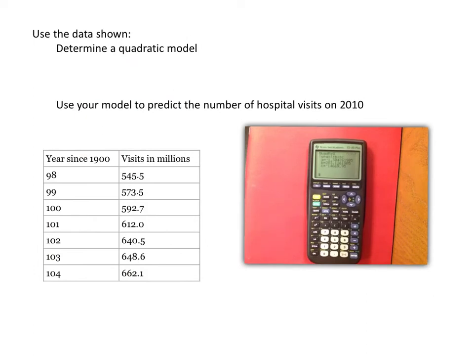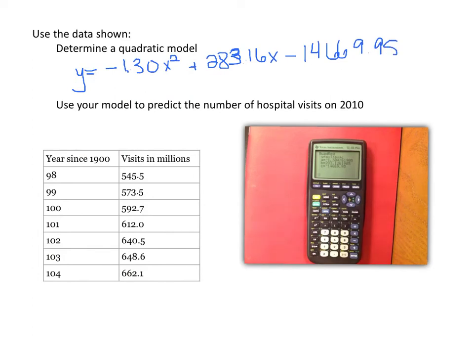And what it tells you is that A is negative 1.3, so we can say y equals negative 1.30x squared, plus 283.16x minus 14,669.95. So if I want to know how many hospital visits in 2010, then all that means is my x value has to be 10.